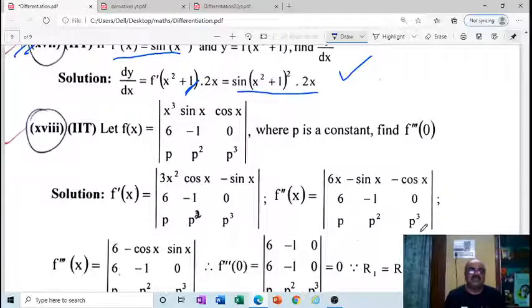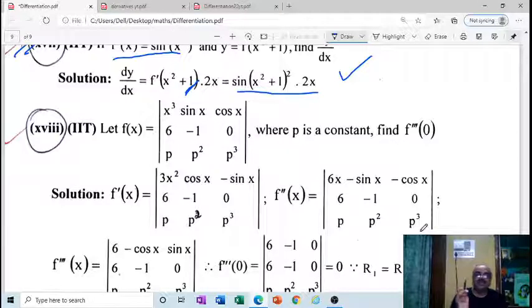Let f of x be equal to a determinant, and you need to solve this particular determinant, and in this p they have set as constant. Do the triple differentiation, this thrice the differentiation needs to be done.